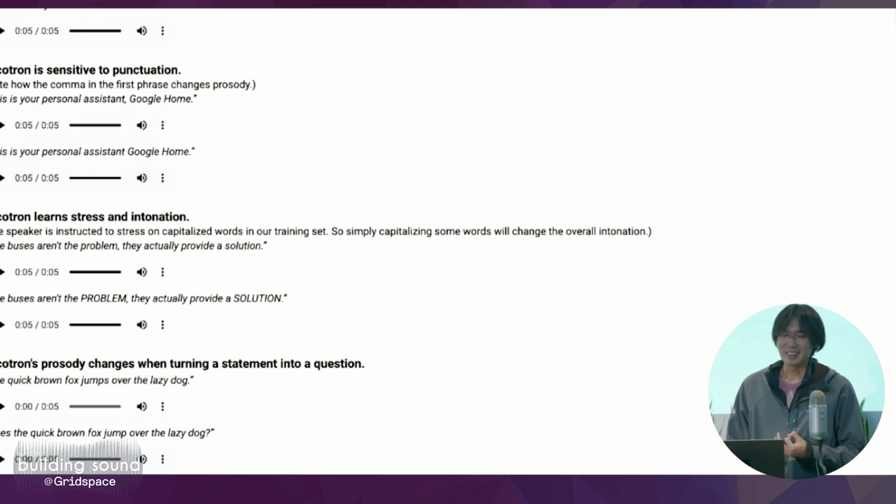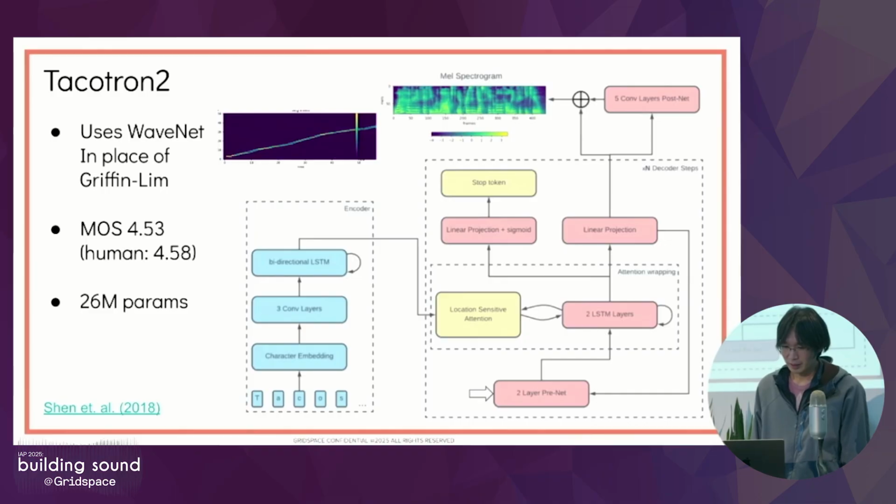Well, those samples, in my opinion, sound a bit cherry-picked, but anyway, that's what everybody does. So these are some samples. One year after, they switched to Tacotron 2 as the state-of-the-art TTS. The difference is that in place of the Griffin-Lim algorithm, which does not use any neural models, it uses a WaveNet instead.